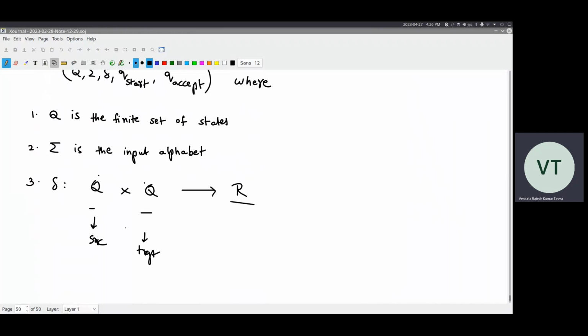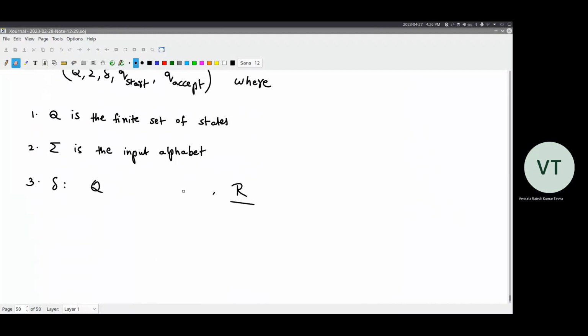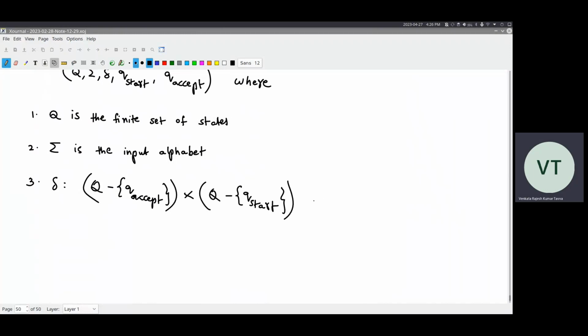So we will modify this by saying the first Q is Q minus Q accept, cross Q minus Q start. Now this entire thing will map to the set of regular expressions.